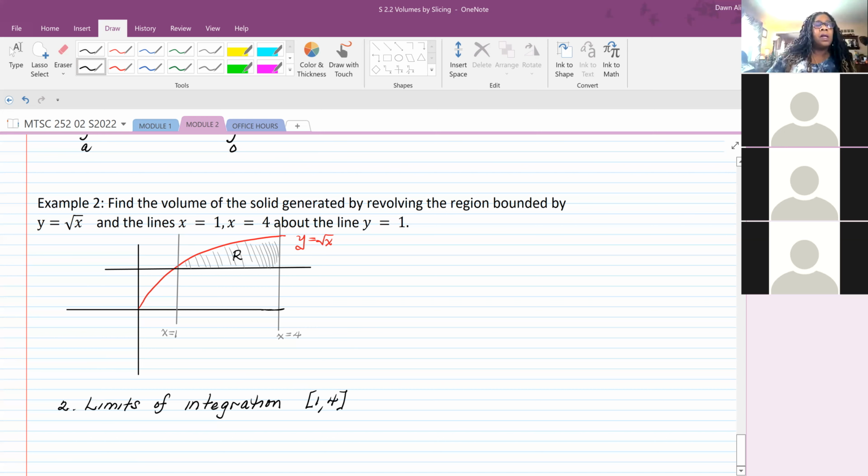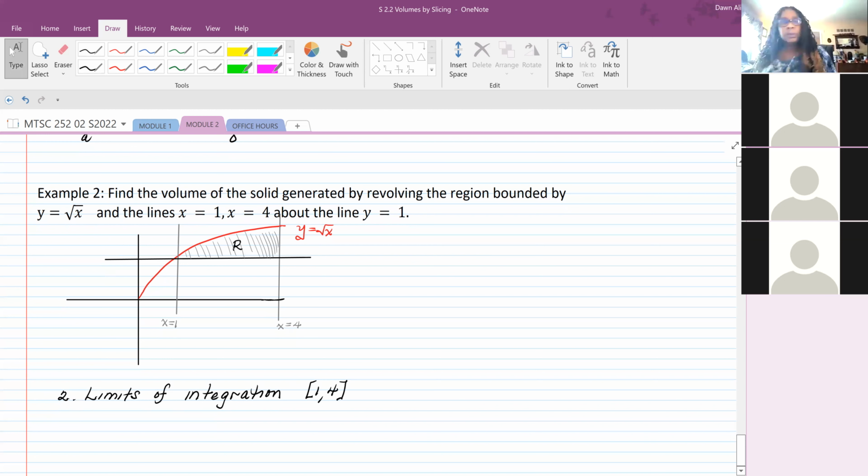Okay, next thing. So the next thing is for any x in between, I'm going to grab it and rotate this thing about that line.